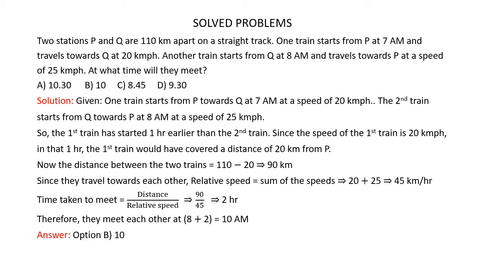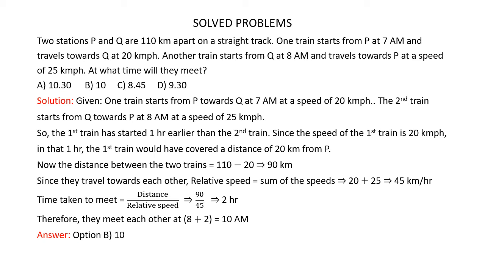Now it's given that both the trains travel towards each other. So relative speed is sum of the speeds, which is 20 plus 25, which is 45 kilometers per hour. Now we are asked to find at what time will the two trains meet. So time taken by the two trains to meet is equal to distance divided by relative speed. We know that the distance between the two trains at 8 a.m. is 90 kilometers and the relative speed is 45 kilometers per hour.